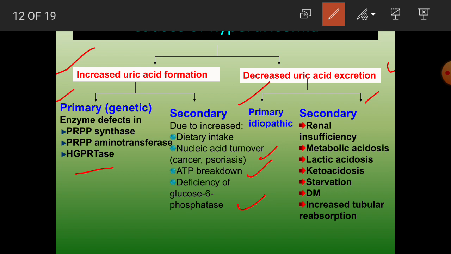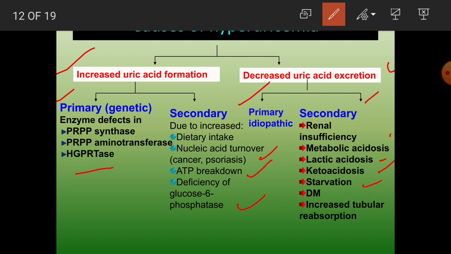Primary is idiopathic, no cause is known; why it is in excess, no one can tell. There are no clinical symptoms, and we should just watch it. If any symptoms arise, then we can take some action. Renal secondary causes are renal insufficiency or different acidoses, be it metabolic acidosis, lactic acidosis, ketoacidosis, or starvation.